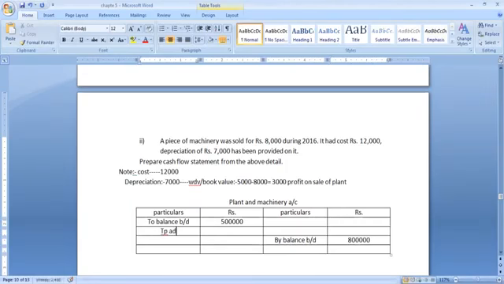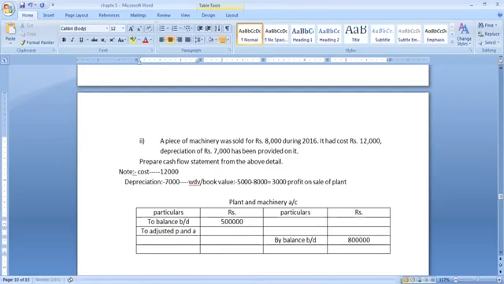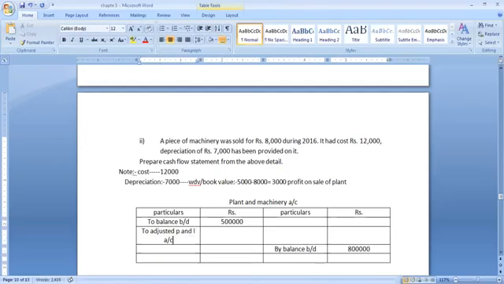So make it as to adjusted profit on sale of plant, or it is taken as to adjusted P&L account, which is indicating the profit. So what is the profit? 3,000 is the profit. Clear?